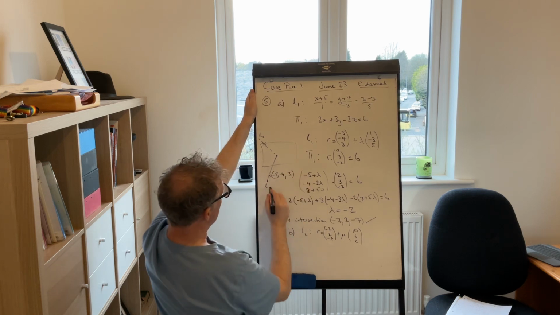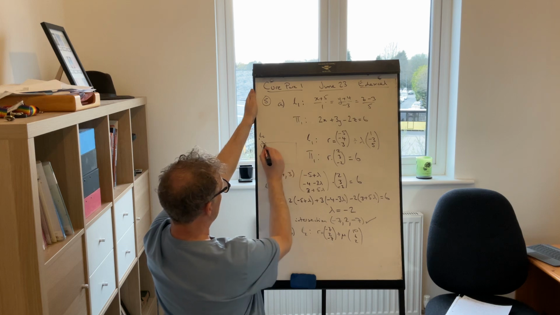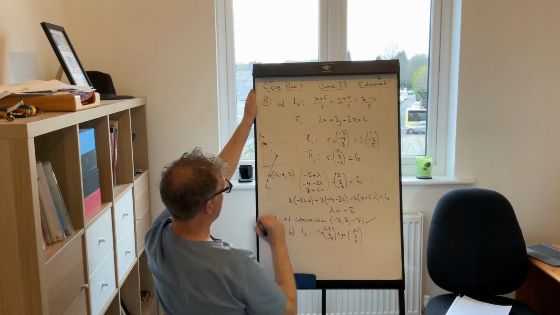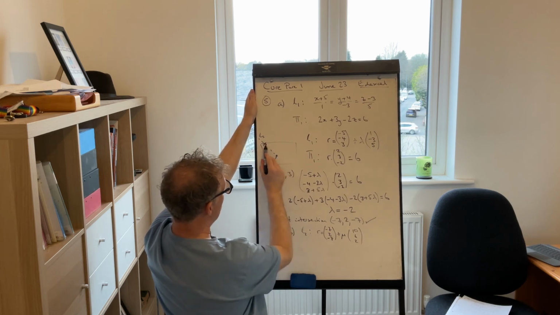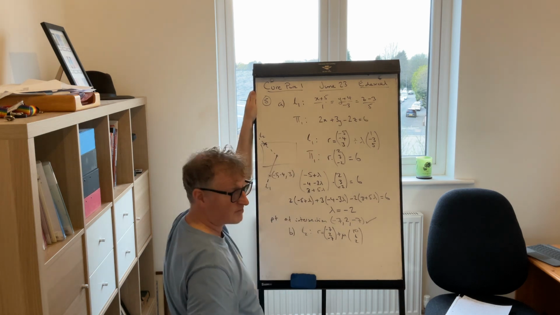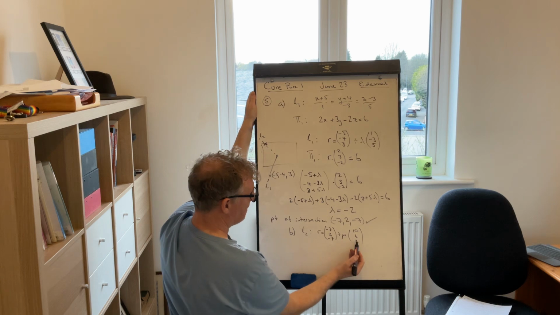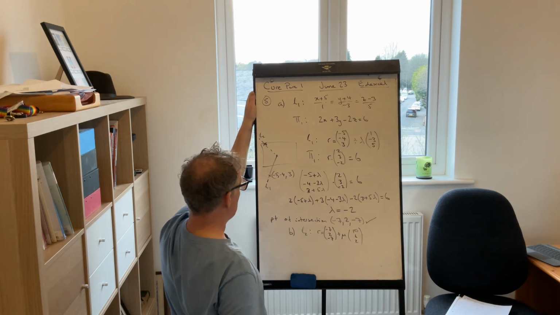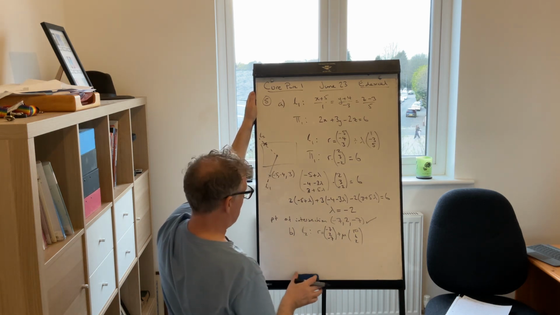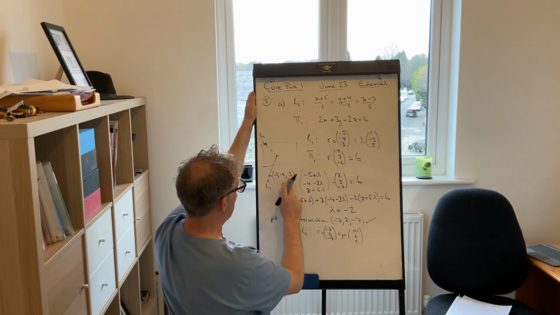So I'm going to reflect that point up there into L2, and then use that point and that point to get my direction. Okay, and that's all I need. I've got my point, I just need this direction. So I'm going to reflect this point, (-5, -4, 3).